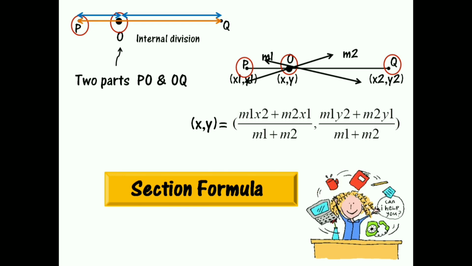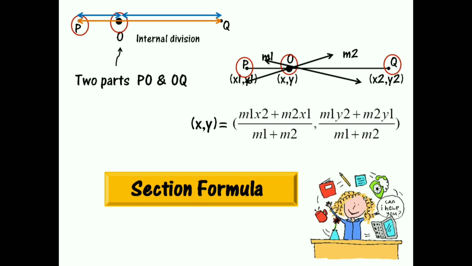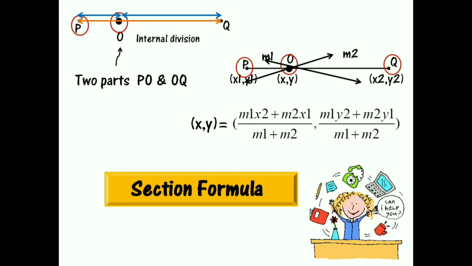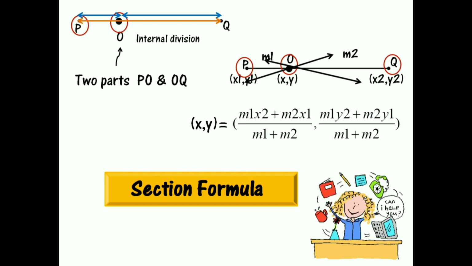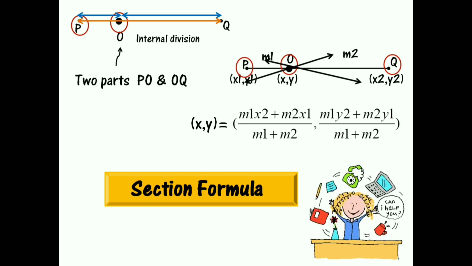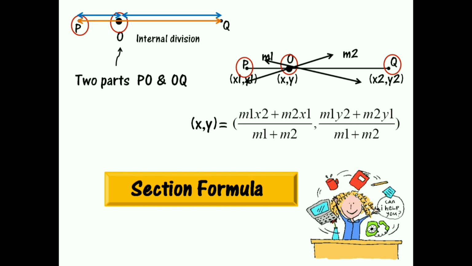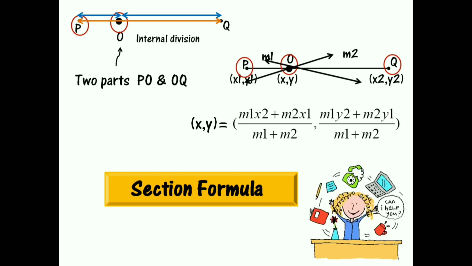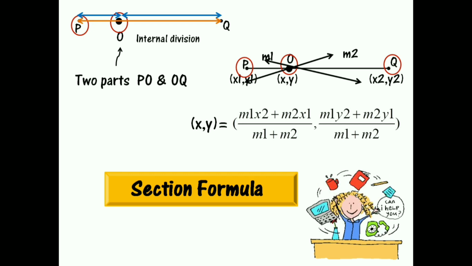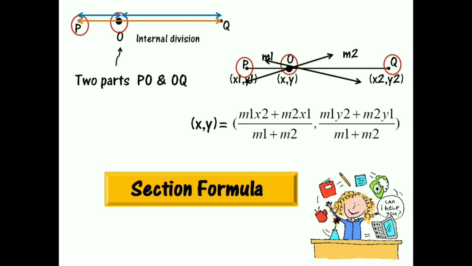The x coordinate of point O is equal to (m1 x2 plus m2 x1) all divided by (m1 plus m2), and similarly the y coordinate will be equal to (m1 y2 plus m2 y1) divided by (m1 plus m2).